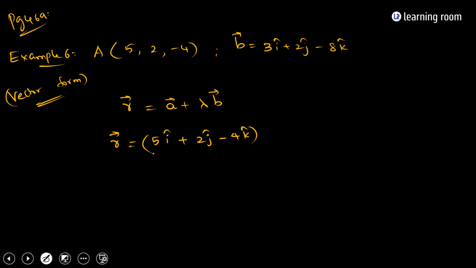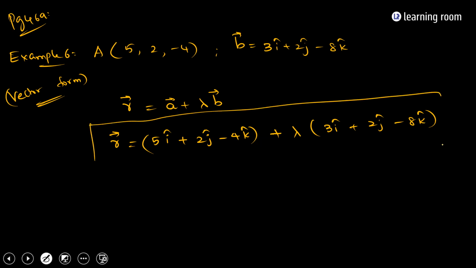Take these values, add i cap, j cap, and k cap, and write it in this form. Plus lambda times B vector, which is 3i cap plus 2j cap minus 8k cap. Right. So this is going to be the vector.